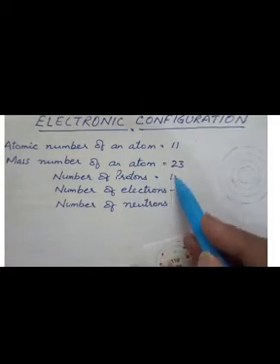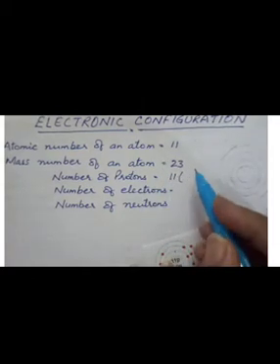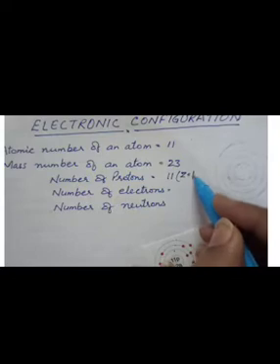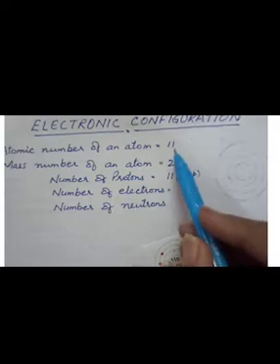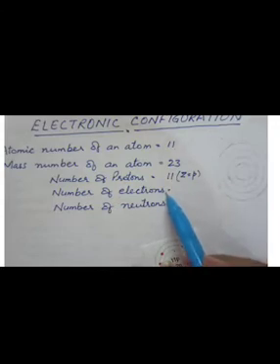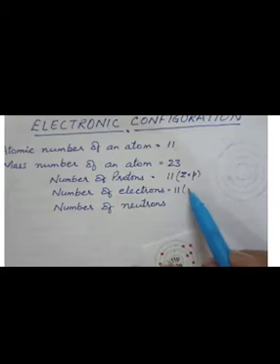That is your 11. Why? Because all of you know that atomic number is denoted by Z, which is equal to P. So atomic number is 11. That's why the number of protons is also 11. Now the number of electrons is also 11. Why? Because all of you know that P is equal to E. The number of protons is always equal to the number of electrons.